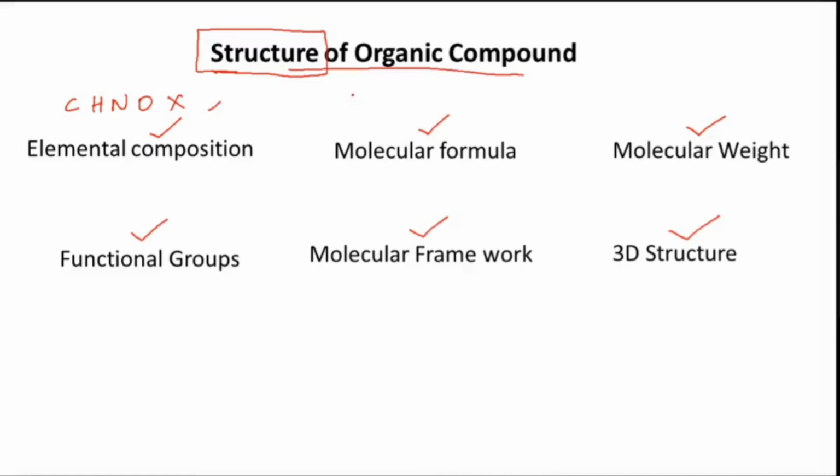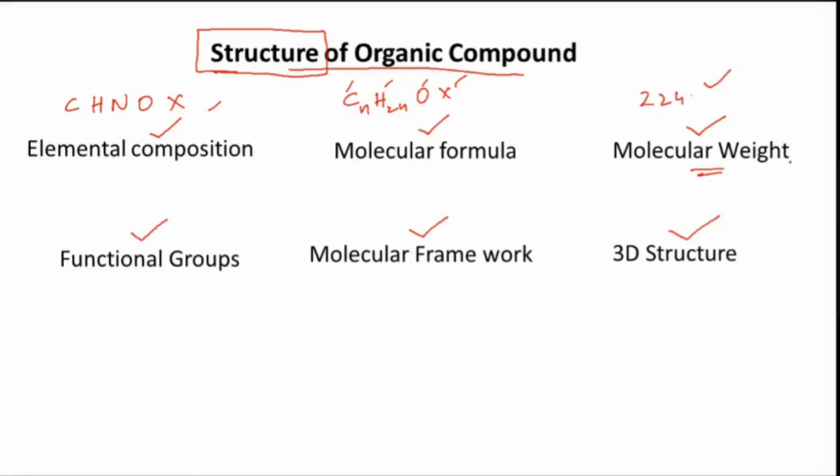In the case of molecular formula, how many carbons, how many protons, how many oxygens, or how many other elements are there, that is what we will determine. In the case of molecular weight, we determine the molecular weight of the compound.